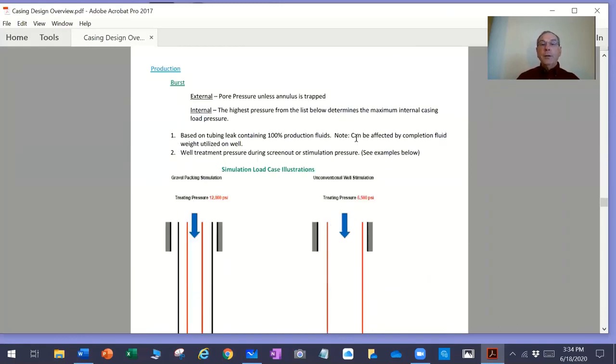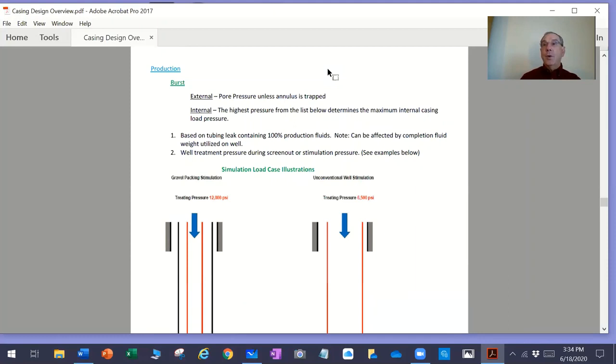Now, the production case is very straightforward and fairly easy. We're looking at a production case, and then we're also looking at the burst case. The external pressure is still going to be the pore pressure unless it's a trapped annulus, and then you would use mud weight.